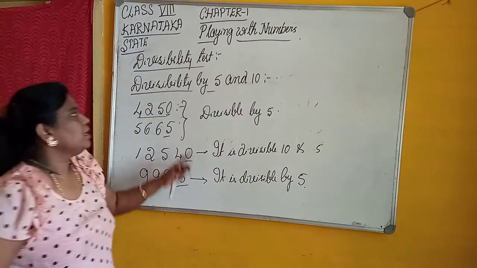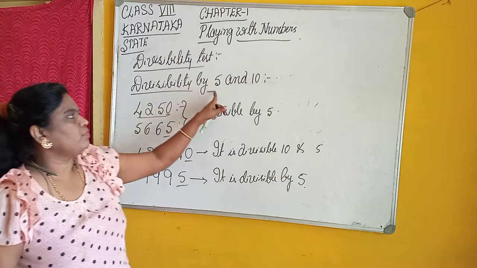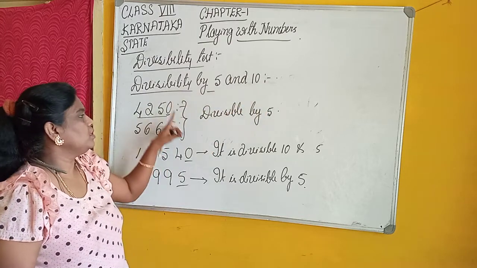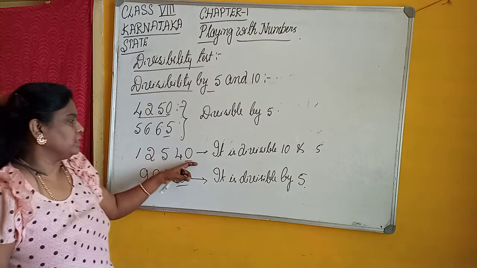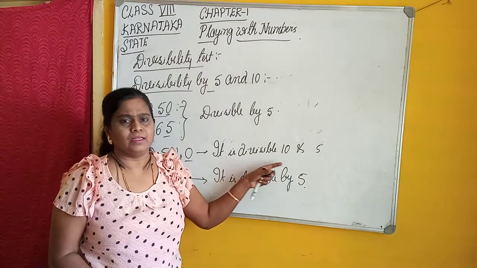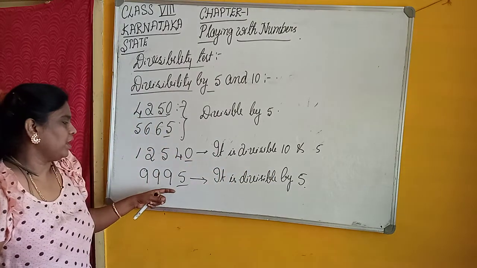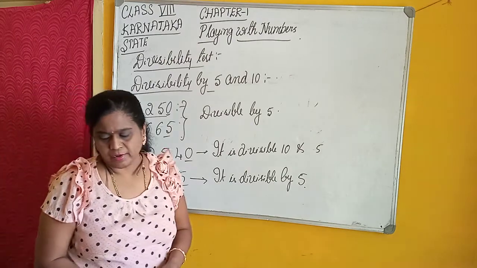Understood, students? If any number ends with 5 or 0, it is divisible by 5. Or otherwise, if any number ends with 0, it is divisible by 10. And a number that ends with 5 is divisible by 5.